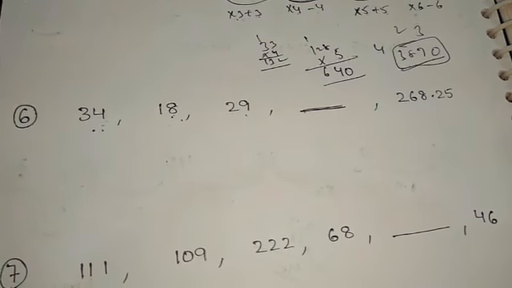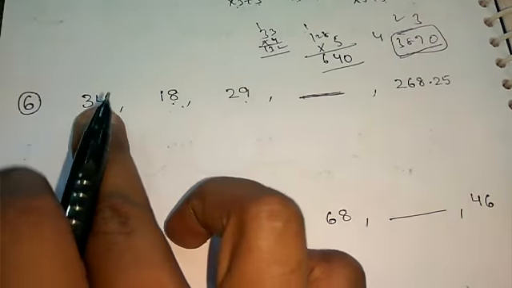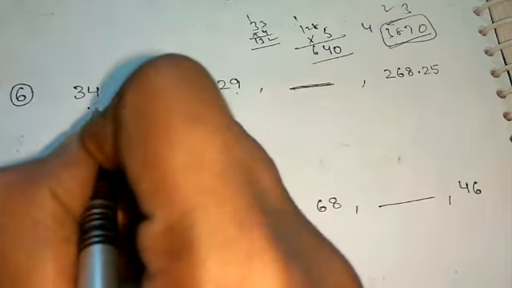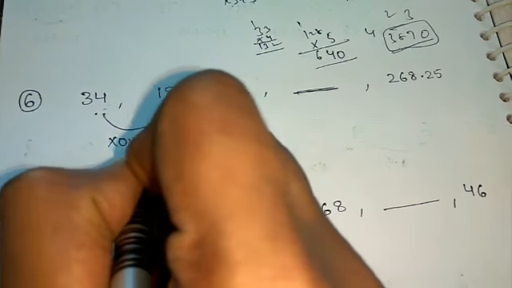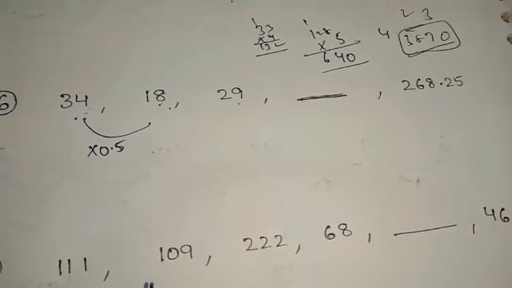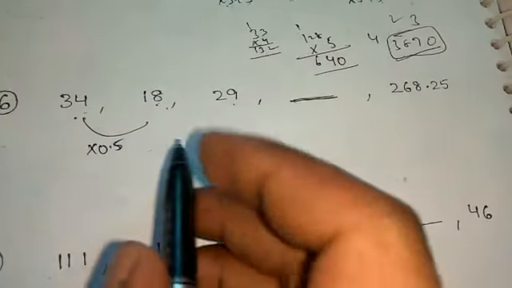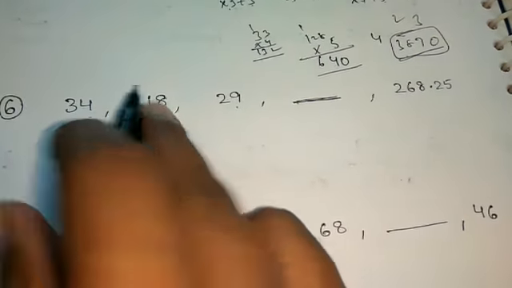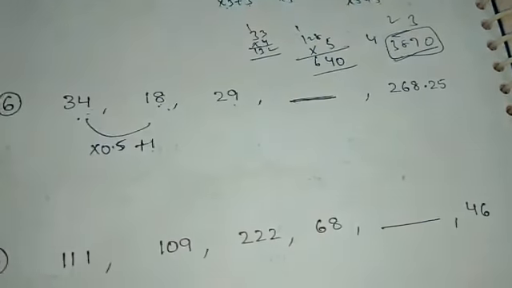So there is every possibility that it is multiplied by 0.5. Multiply with 0.5. 34 into 0.5, that means 34 half. How much? It is 17. So 17 plus 1 is nothing but 18.